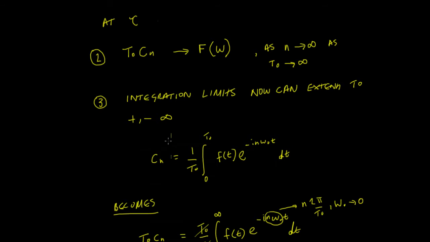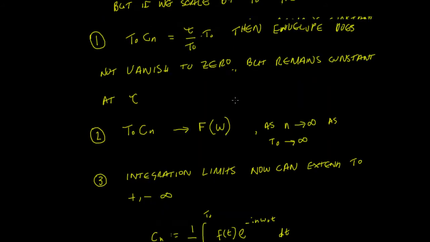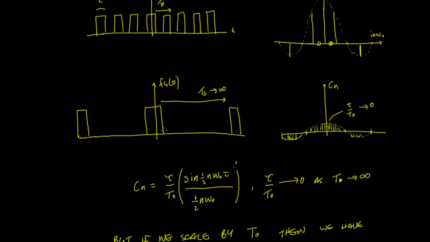Another thing we can note is the integration limits. Because the function here is 0 outside the pulse width, not the period, as the period tends towards infinity, all this out here tends towards 0, so that's all 0 and that's all 0.